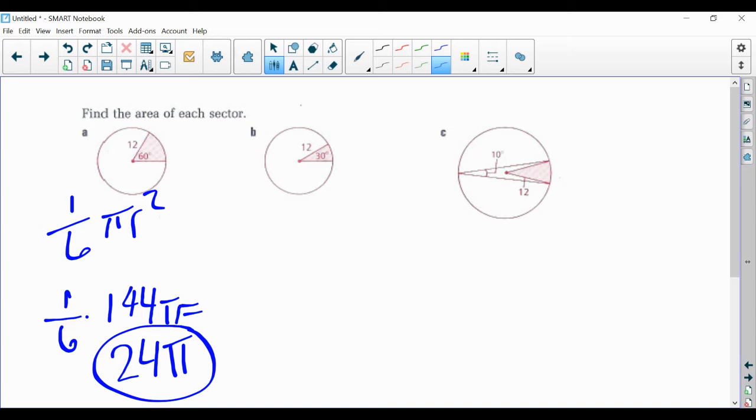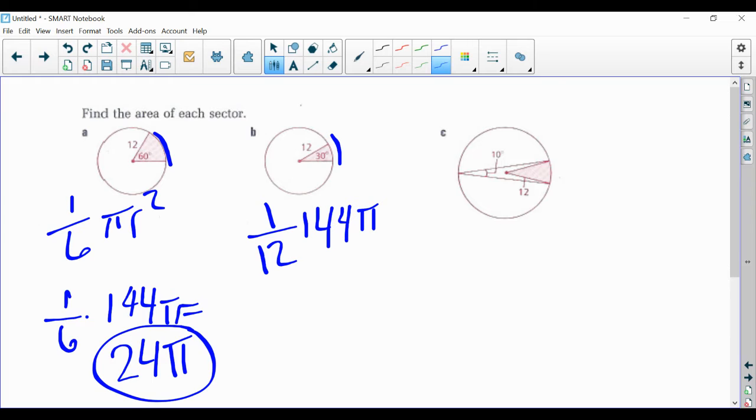In part B, you can clearly see it's a 30-degree arc compared to a 60-degree arc, which means that I should have half the area that I had in part A. Just to make sure, though, instead of 1/6, it's 30 over 360, which is 1/12, still times 144 pi.